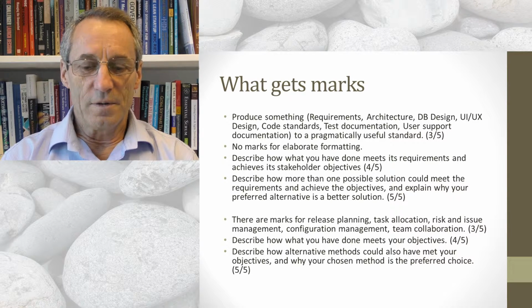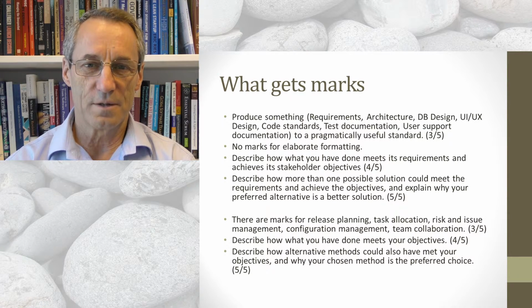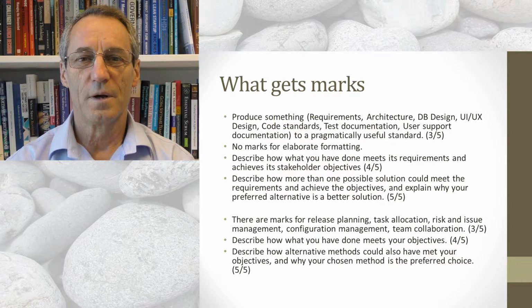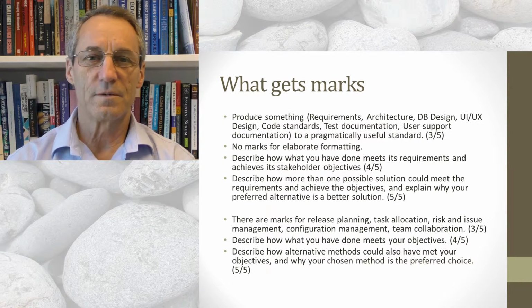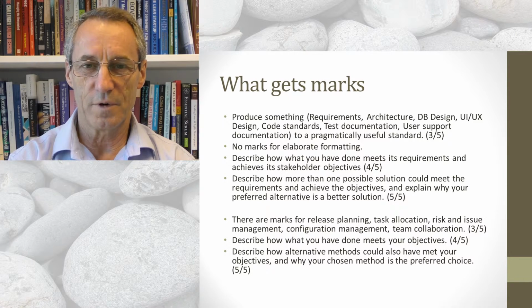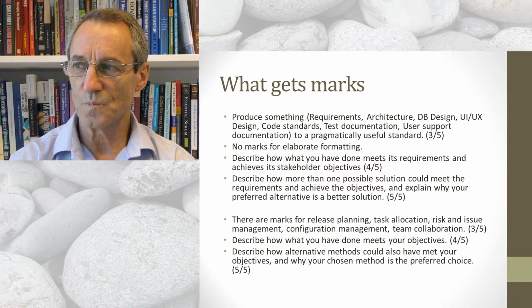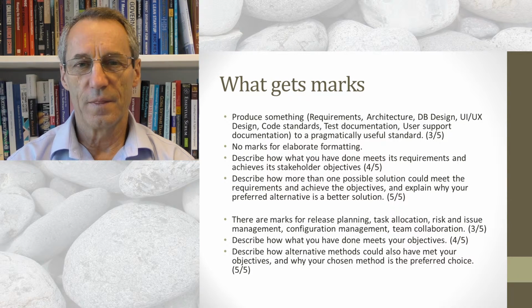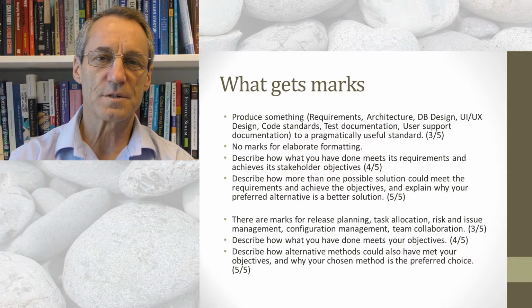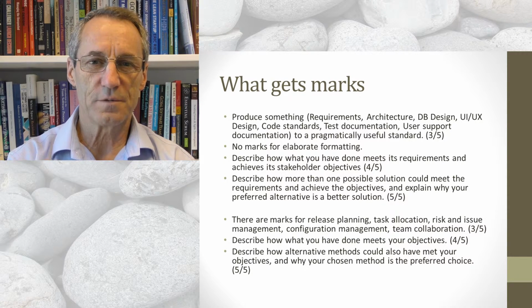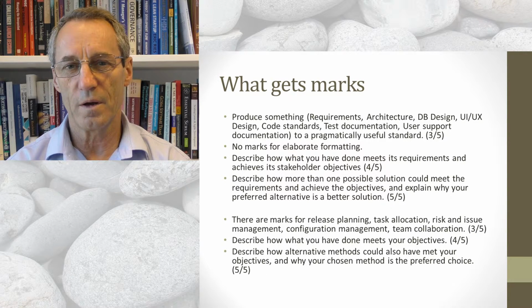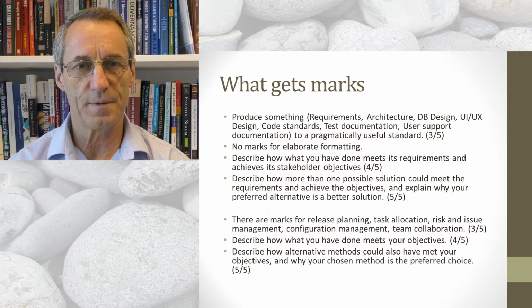To get a 4 out of 5, you have to say just how that deliverable provides its required functionality, how it does what it's supposed to do, and then how it meets the objectives of the major stakeholders. Now, you get to say who the major stakeholders are, and you get to say what their objectives are.